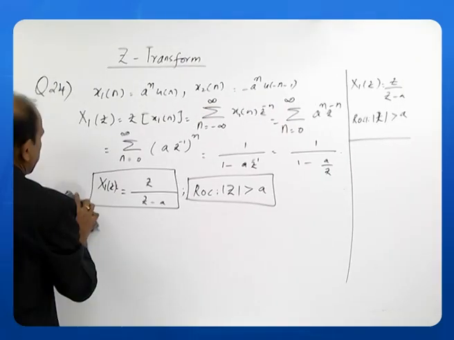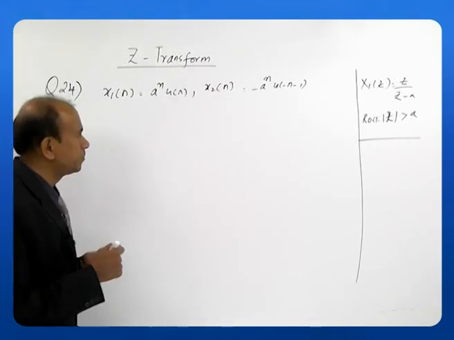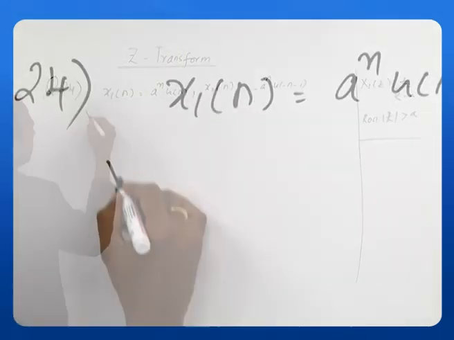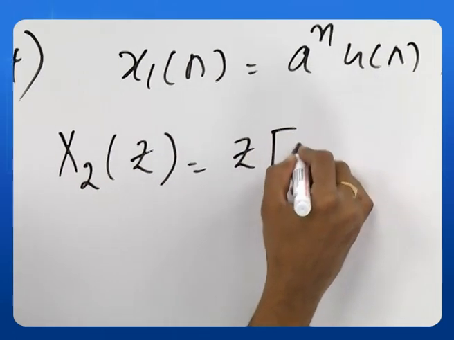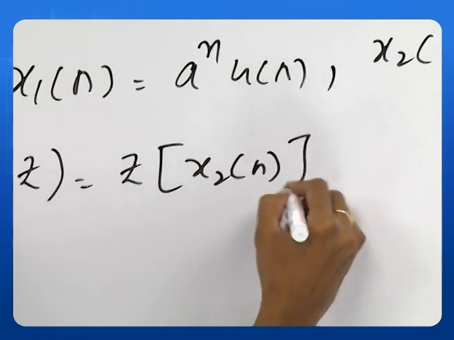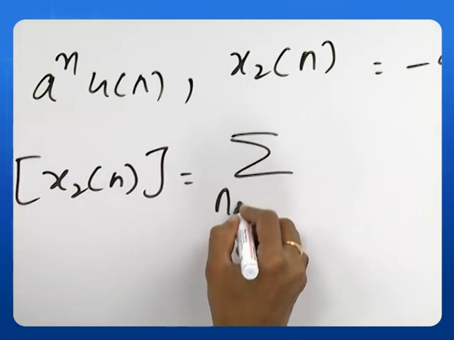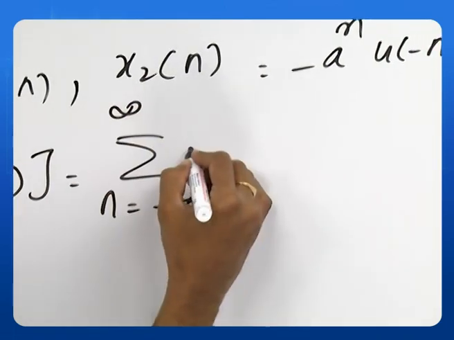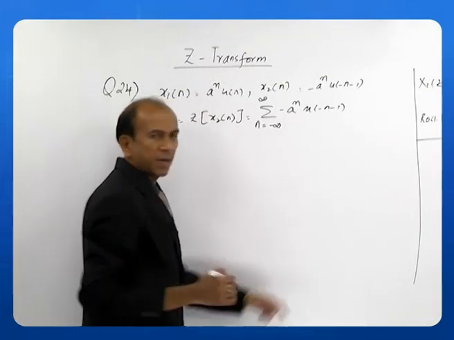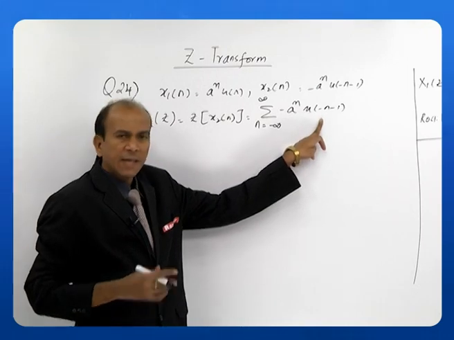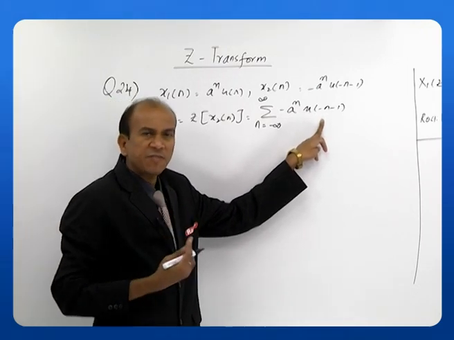Let us see the second case. Let us see this now. Okay. So, what is x2 of z for us? x2 of z is nothing but the z transform of x2 of n, that is, from n is equal to minus infinity to plus infinity, minus a to the power of n u of minus n minus 1. So, you see here, this is n is equal to minus 1. So, it is existing from minus 1.